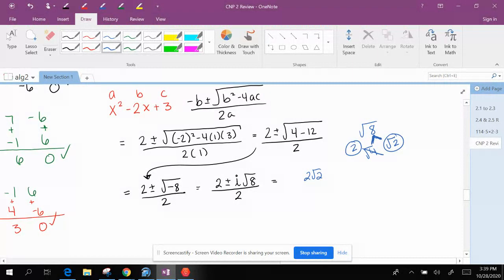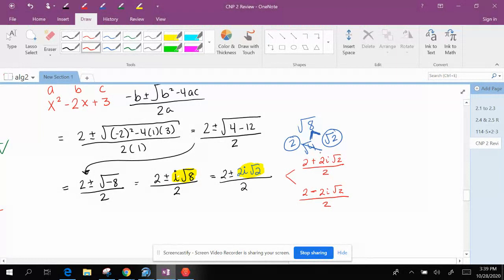We're just going to tack an i in between plus or minus. So this radical 8 we simplified to be 2i radical 2. Now you can split it up because technically you have two parts, right? 2 plus 2i radical 2 over 2, lots of 2's, and 2 minus 2i radical 2 over 2.